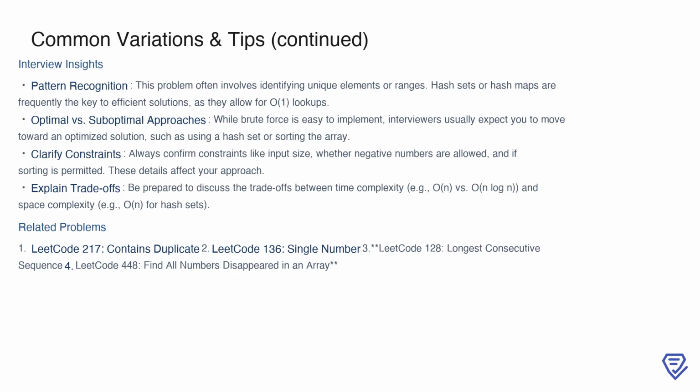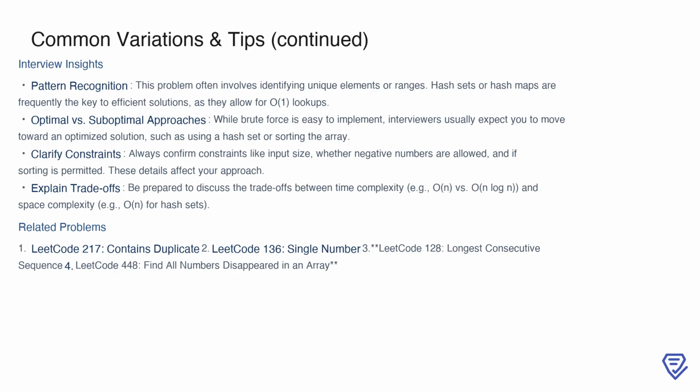It's also crucial to clarify constraints during an interview. For instance, ask about input size, whether negative numbers are allowed, or if sorting the array is permitted. These details can significantly influence your approach. Lastly, be prepared to discuss trade-offs.